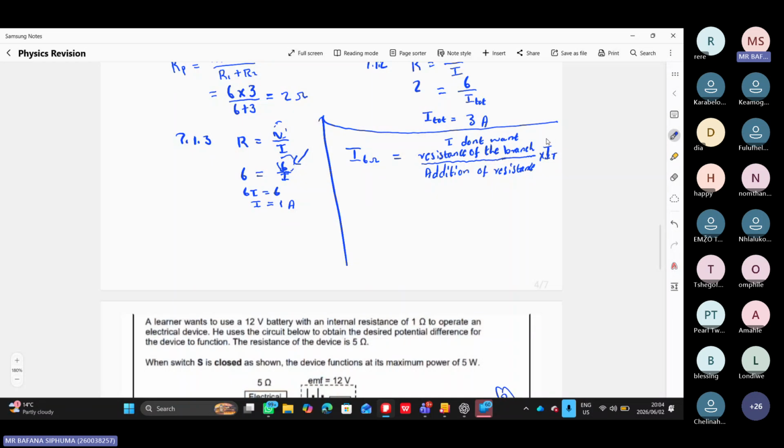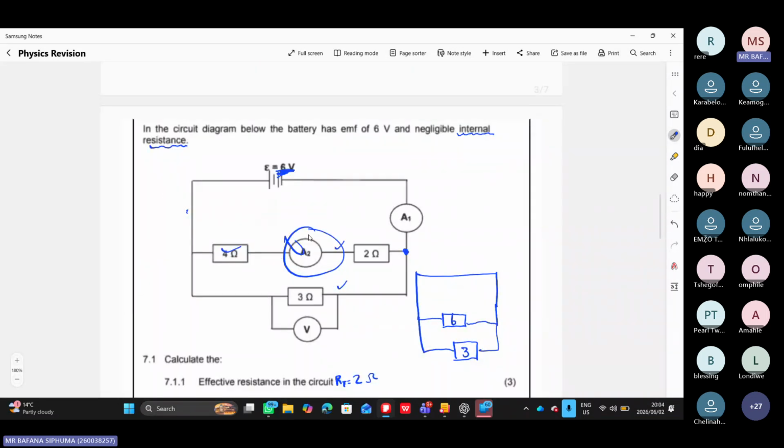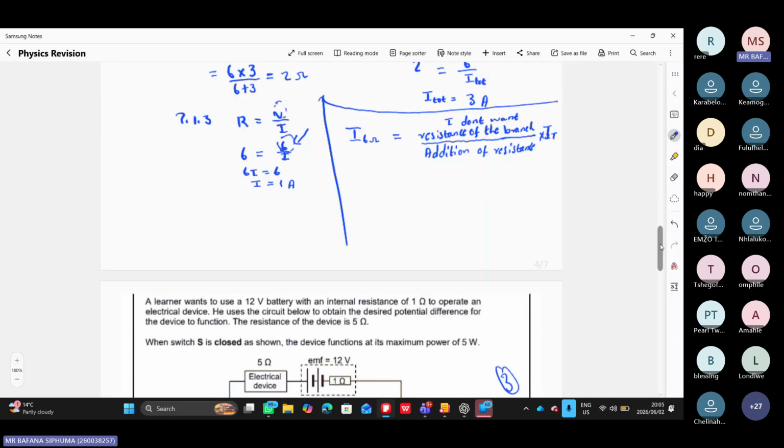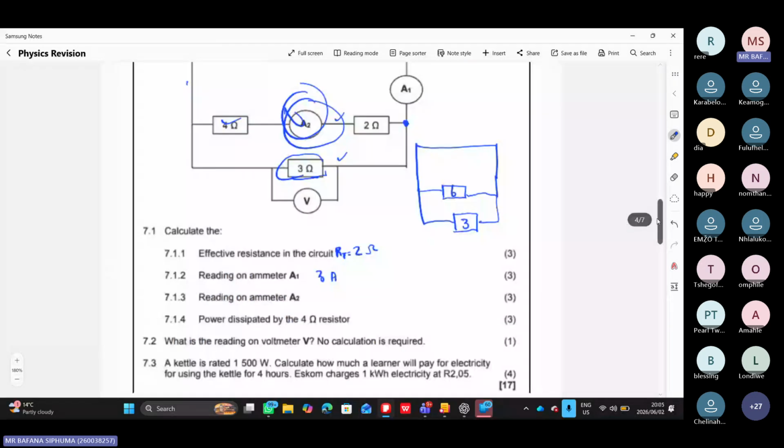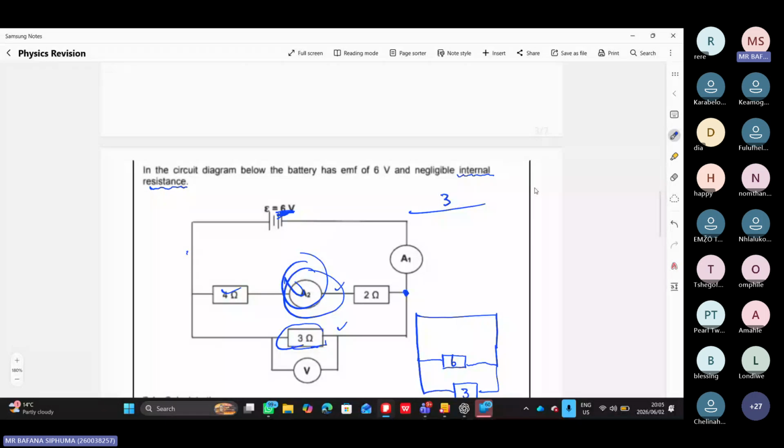So the formula simply states that when you're doing the ratios, if you are looking for the current in the upper branch, you are going to say in your ratio, resistance of the branch that I don't want, which is the lower branch. You write 3. And then we further said addition of the resistance. When you add them, you need to get the total. So you are going to say 4 plus 2, and that gives you 6.